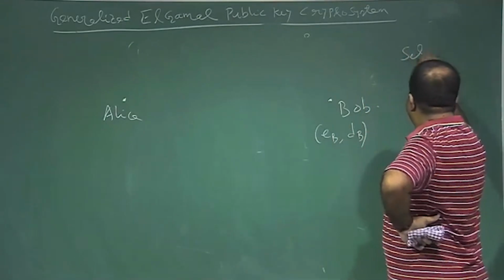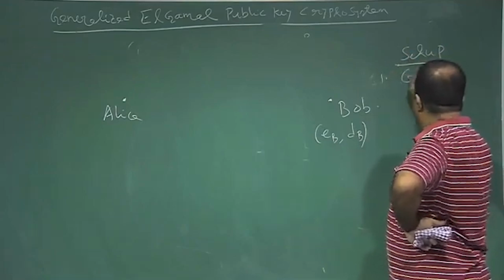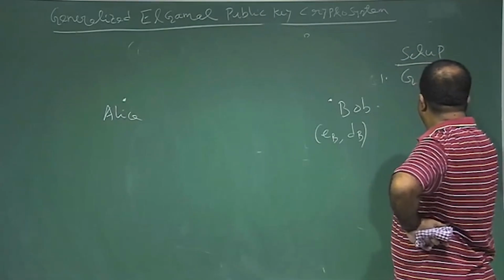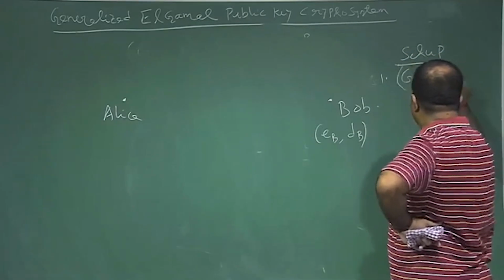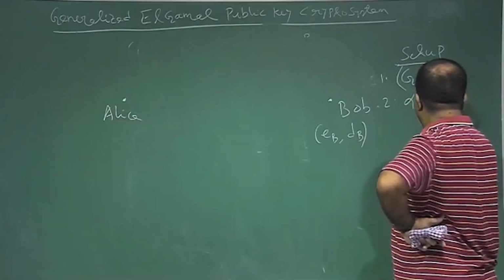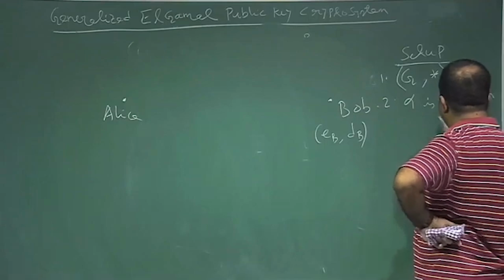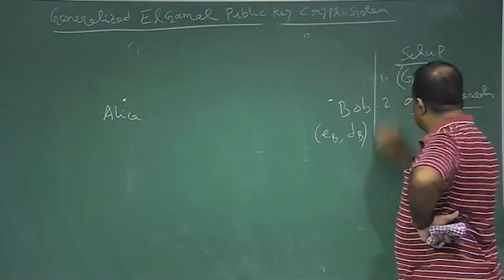This is the setup phase that Bob has to run. Bob chooses the group along with this operation, and alpha is a primitive element, the generator of this cyclic group.